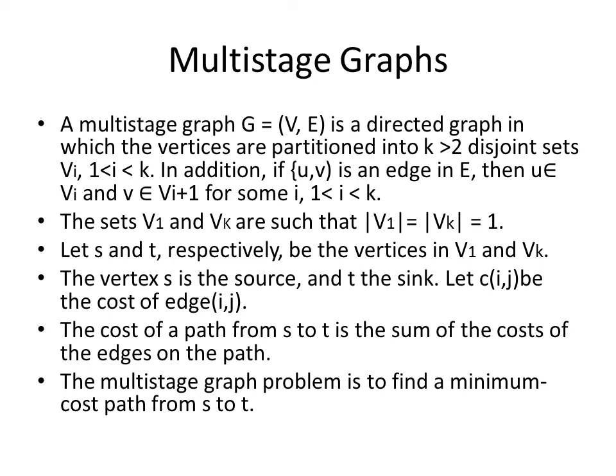So it has two special nodes, the source node and the sink node. Let c(i, j) be the cost of edge (i, j). The cost of a path from S to T is the sum of the costs of the edges on the path. The multi-stage graph problem is to find a minimum cost path from S to T, that is, from the source to the sink node. We'll discuss this with an example.